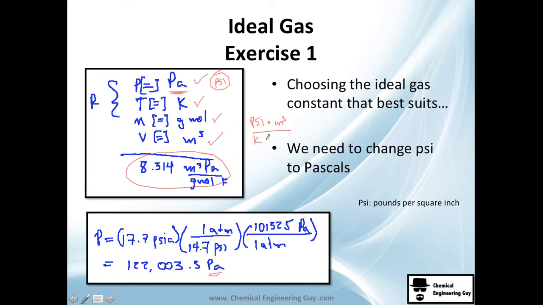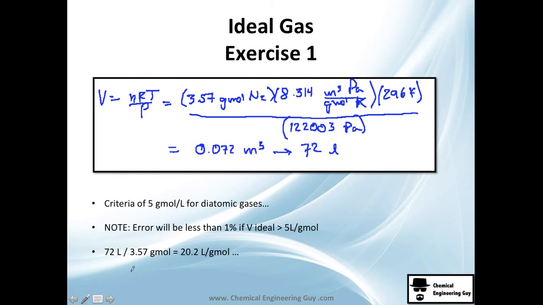I'm sure it exists, but I don't know how much time I would take to find it. So let's change this number. Just divide by 14.7, and this will give me 1 atmosphere, or 101,325 pascals. Calculating this, I get this pressure.